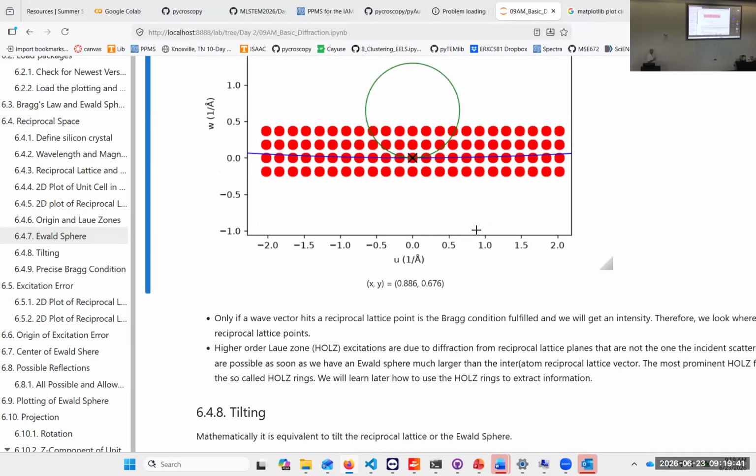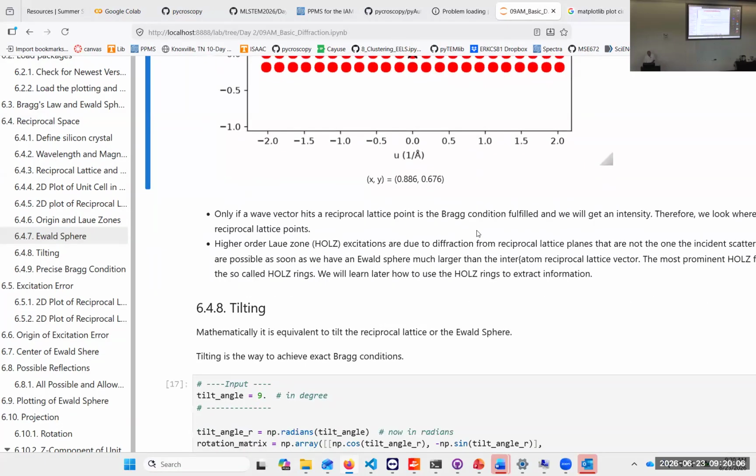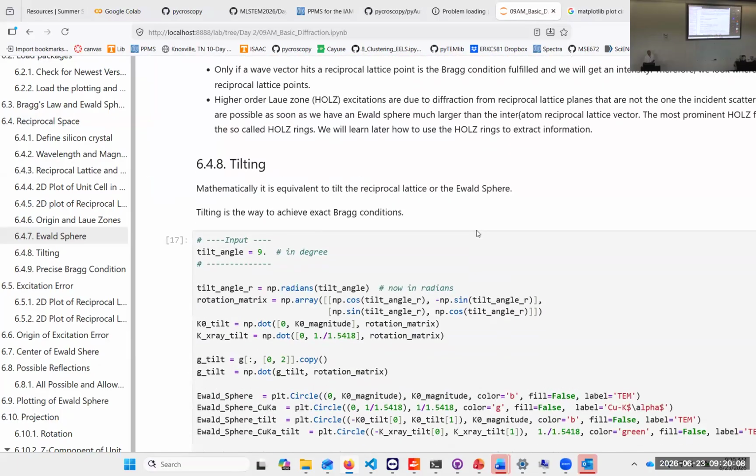And so the exact Bragg reflection is when the diffracted beam hits one of the reciprocal lattice points. And so you see, if you're perfectly in zone axis, you should not see anything because, of course, there's always some kind of curvature here. So we only hit it in the center, so we have to tilt that.